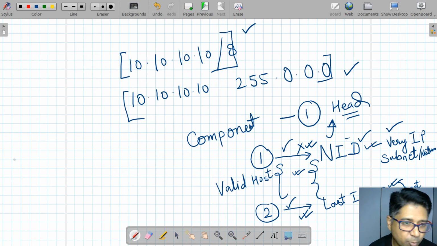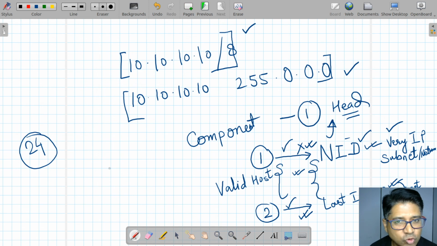Suppose you have 24 IPs in one network. How many valid hosts will be available? 22.